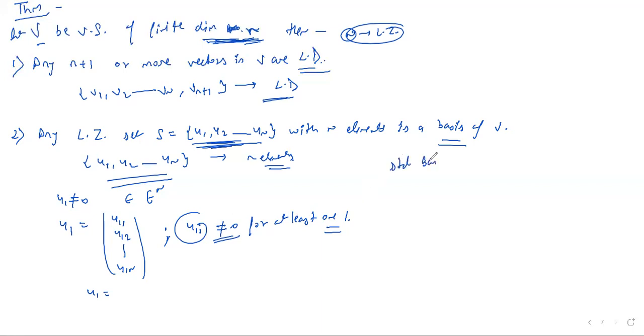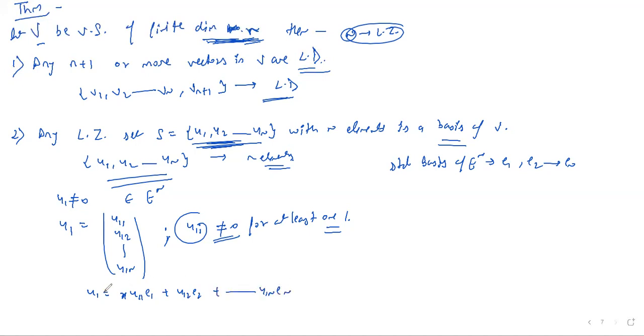We have the standard basis of E to the power n as e1, e2 to en. Now we can represent this vector as a linear combination of the standard basis as u11 e1 plus u12 e2 to u1n en.